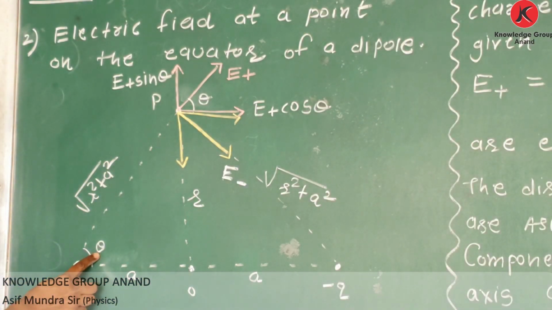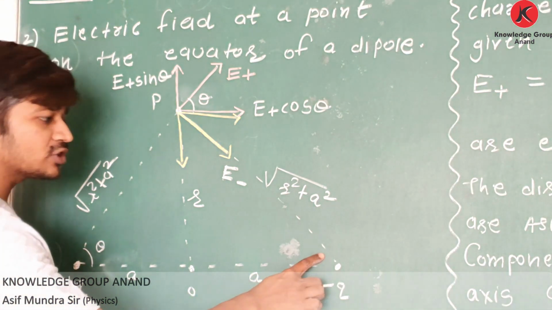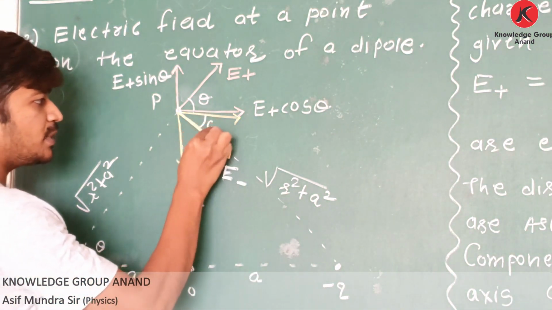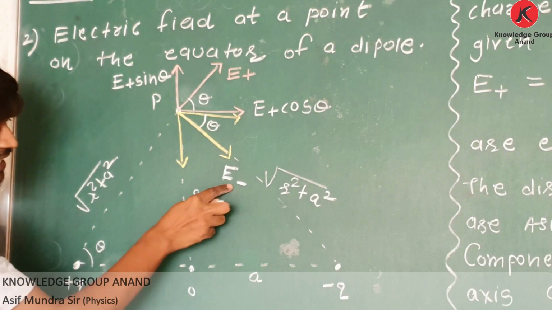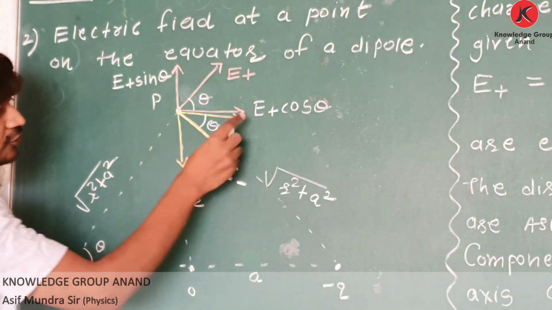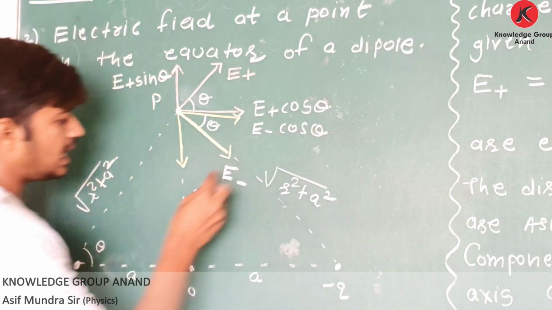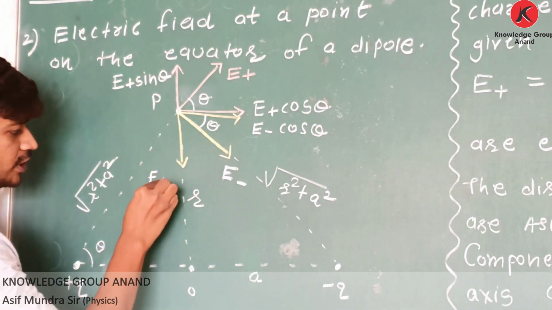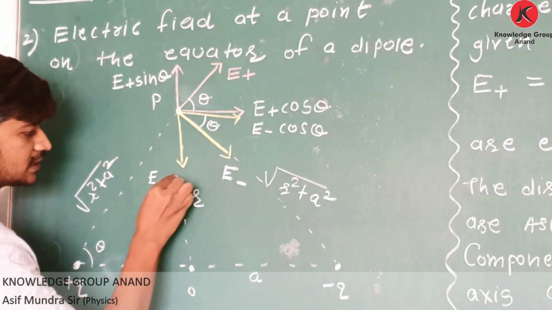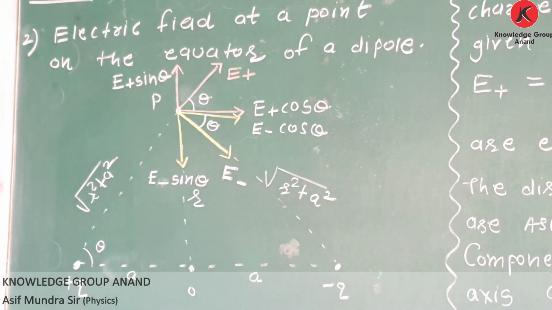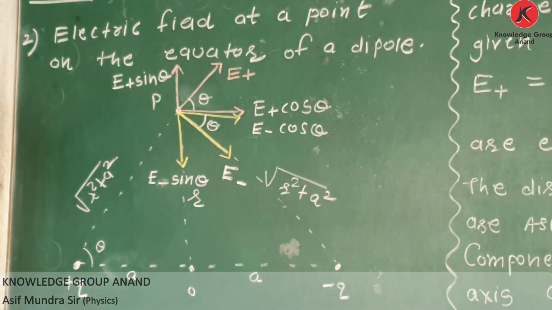We have assumed this angle theta, so this angle will again become theta. As E minus is making angle theta with this component, it is E minus cos theta, and this component is E minus sin theta. Clear about components?